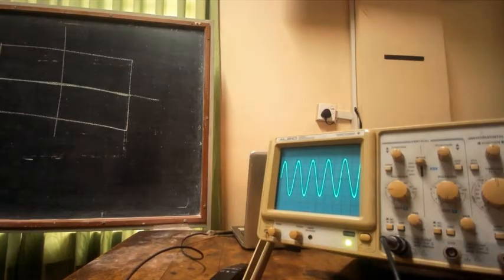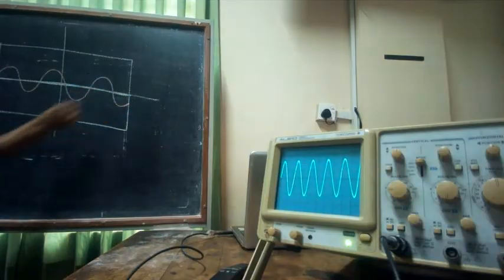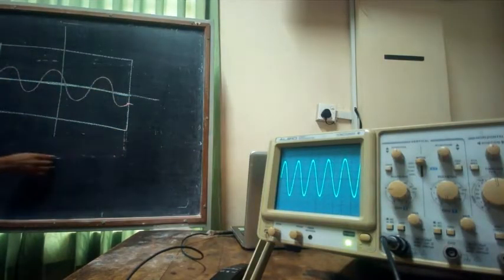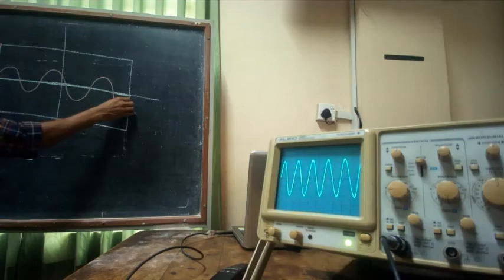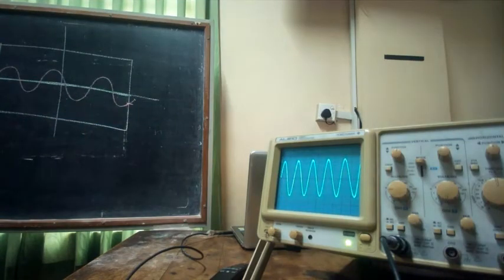Now, what happens if I try to draw it here? The first time, let me draw this sinusoid. It stops here. Now it goes back and comes back. It takes a finite amount of time to come back here. Let's say by the time it comes back, it is right here.